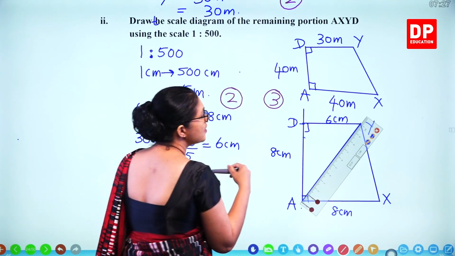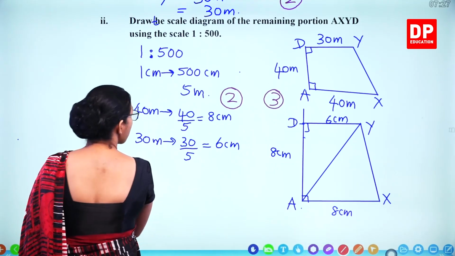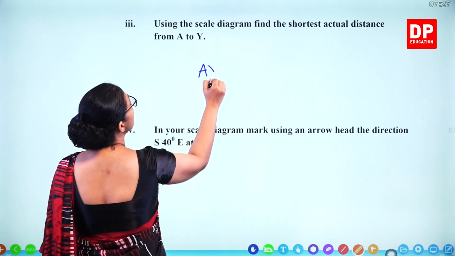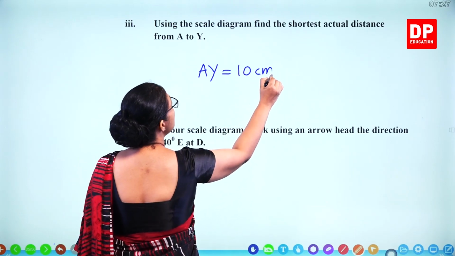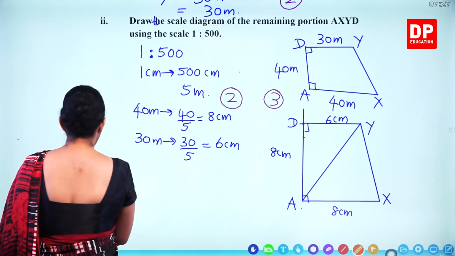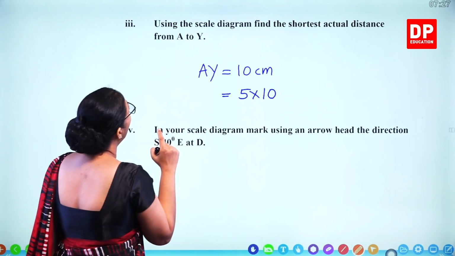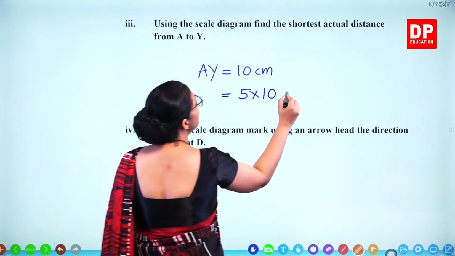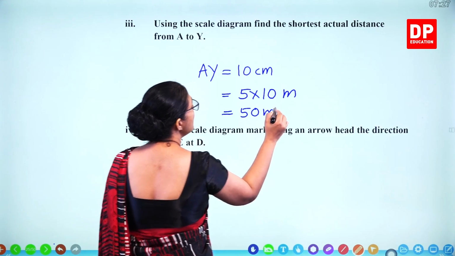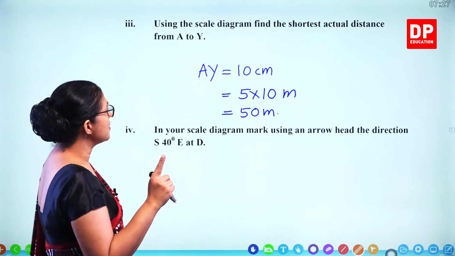So you are getting 10 centimeters for AY. But we took 1 centimeter as 5 meters, so multiply by 5. 5 times 10, that's 50 meters is the actual length. And the scale length is 10 centimeters.